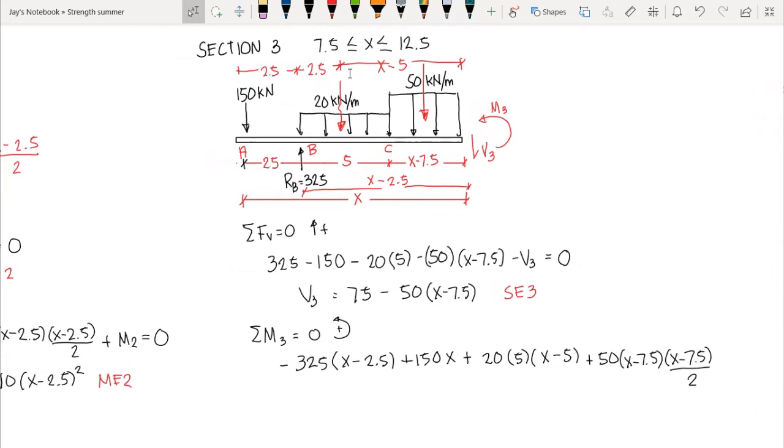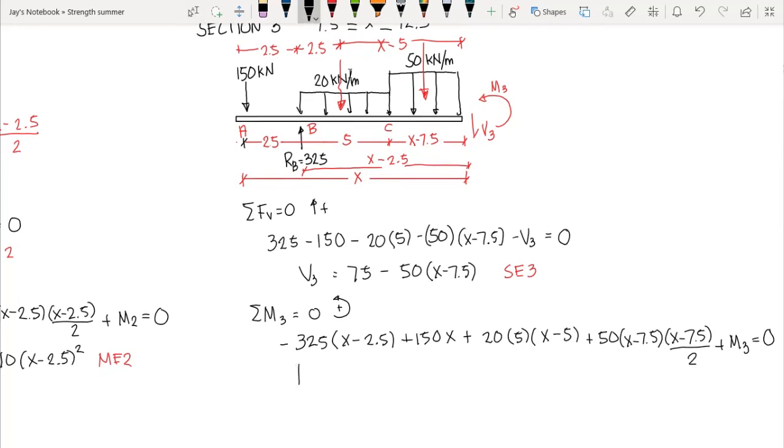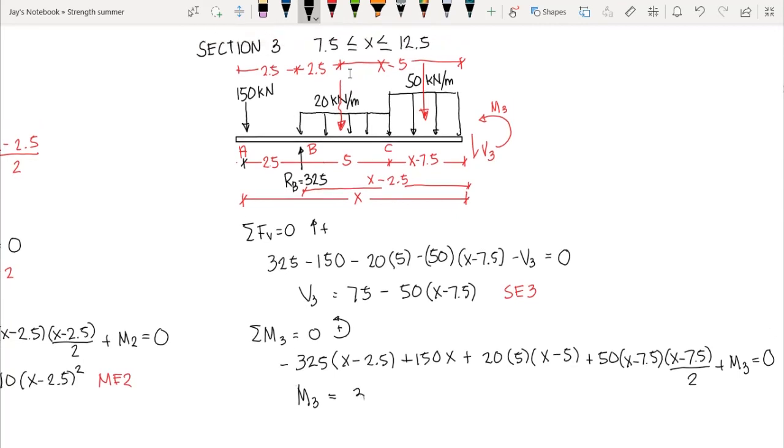And then we have the internal moment, that is counterclockwise, so plus moment 3 is equal to 0. So we have our moment equation 3 here, that is equal to 325 times x minus 2.5. We transpose that to the right side, minus 150x, minus 20 times 5 times x minus 5, minus 50 divided by 2, that is 25.